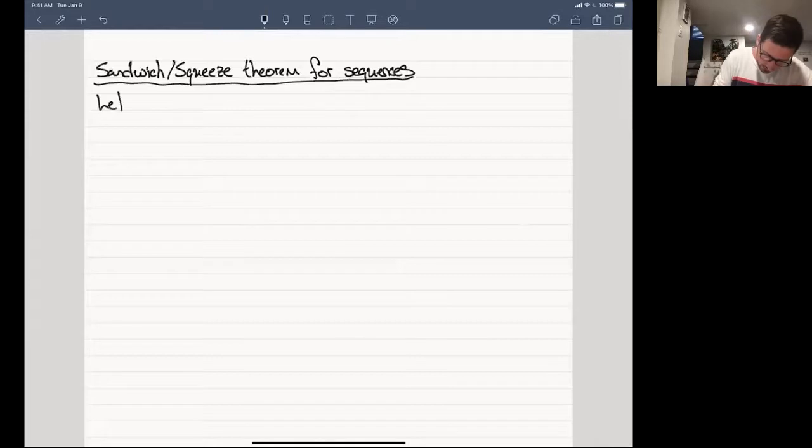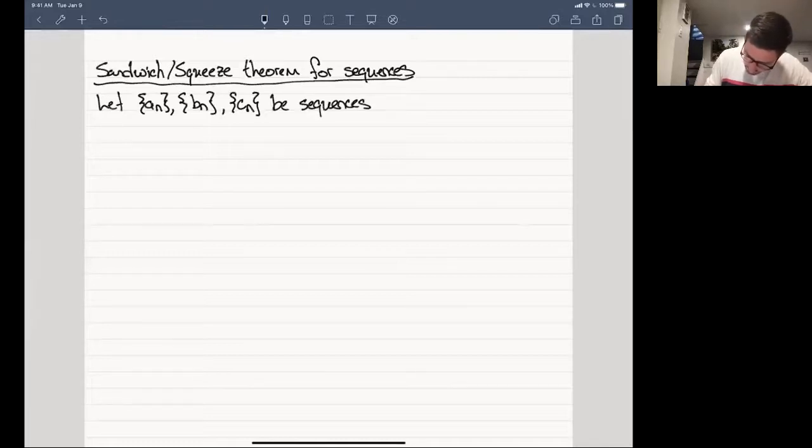So let a_n, b_n, and c_n be sequences of real numbers such that you have an ordering: a_n is less than or equal to b_n, which is less than or equal to c_n for all n.